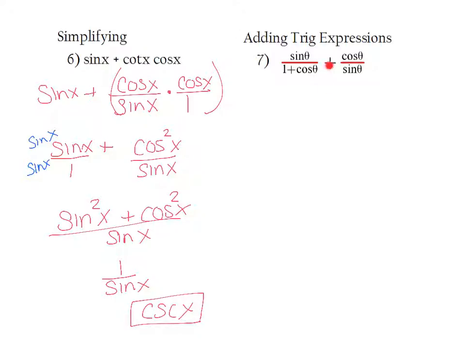This one also adding two fractions. Let's get a common denominator. It's not as pretty, you can tell, but that's all right. We can do it. Looks like on the right, I'm going to take it times 1 plus cosine theta. On the left, I'm going to take it times sine theta.